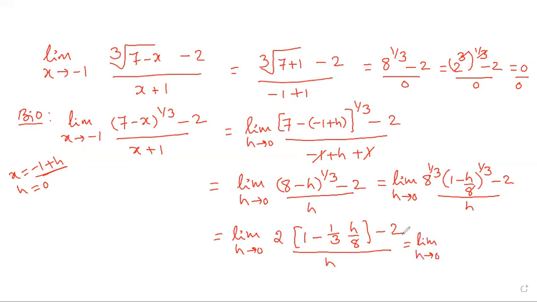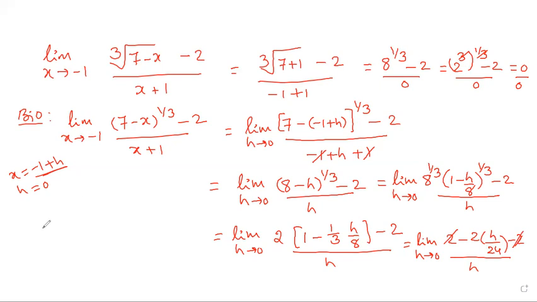These two multiply: 2 minus 2 times h/24, since 3 into 8 is 24, minus 2 over h. Here minus 2 plus 2 cancel.